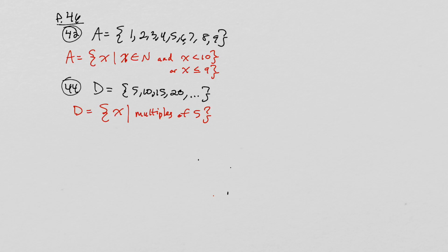Or we can write the symbols for that, and we can say x is part of the natural numbers, and 5x. So if x is, the first natural number is 1, 5 times 1 is 5. And then the next natural number will be 2, so 5 times 2 would be 10, so on and so forth. Either one of these would work.